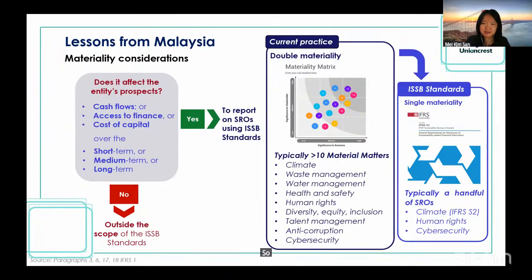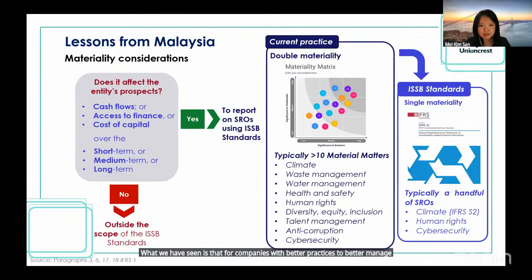So what happens is a company, regardless of their controls, no matter how good the practices are for human rights, as long as an NGO lodges a complaint, immediately the goods are sanctioned. What we have seen is that companies with better practices, who better manage the risk, actually get out of the list within a year.